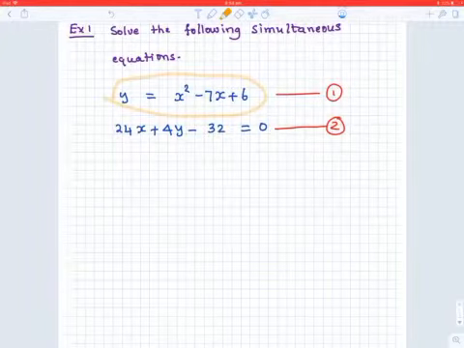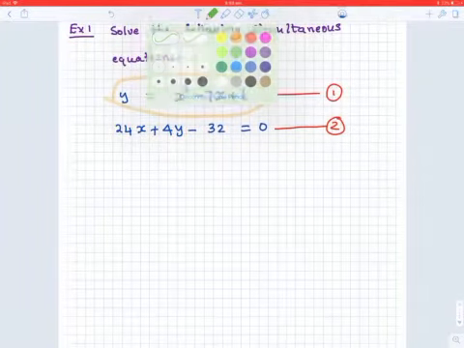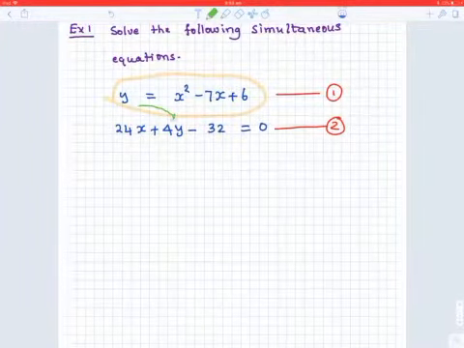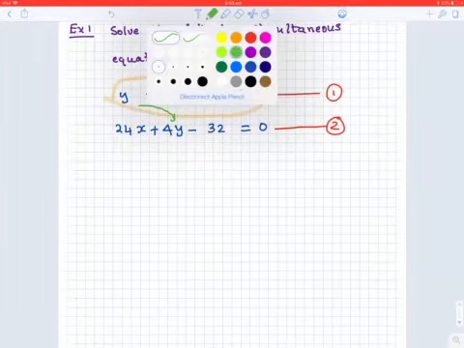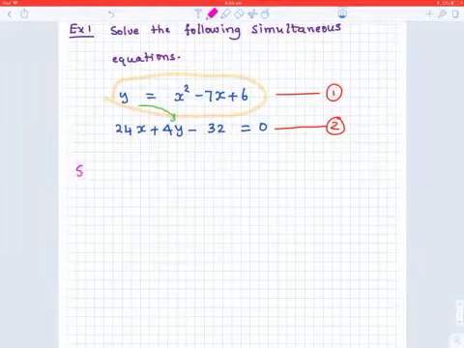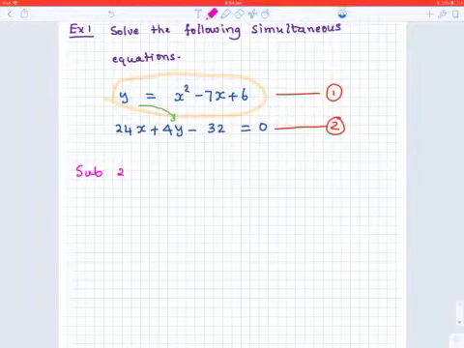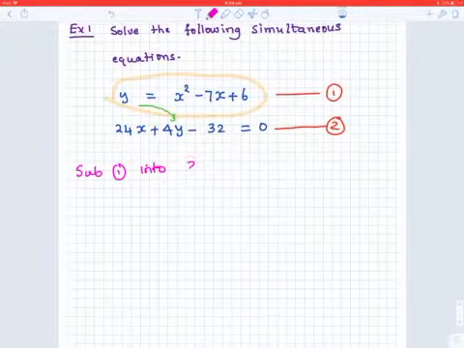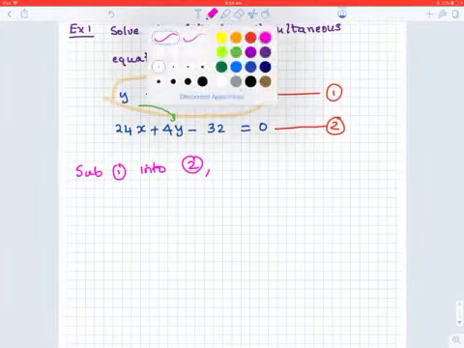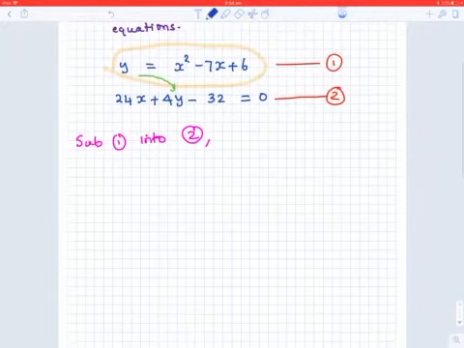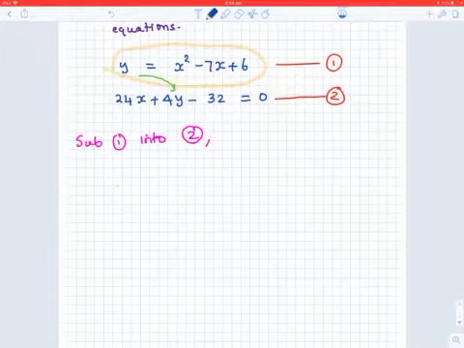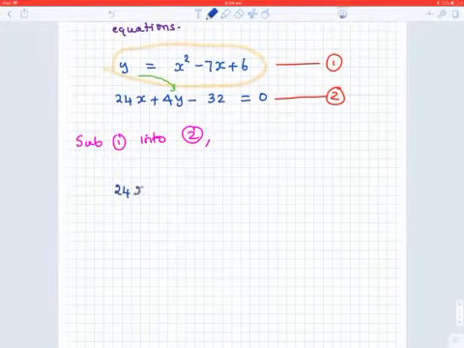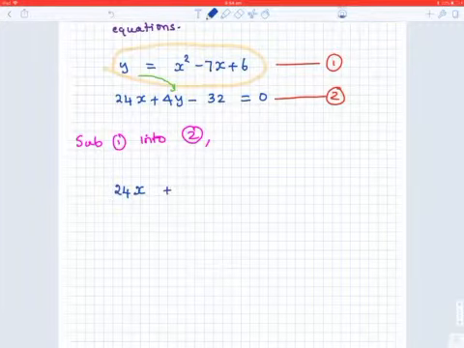By looking at it, you have y equals x squared minus 7x plus 6. That can go here, so that y can go here. So what I'm going to do, next line, I'm just going to write: sub equation 1 into 2. I'm subbing equation 1 into 2.